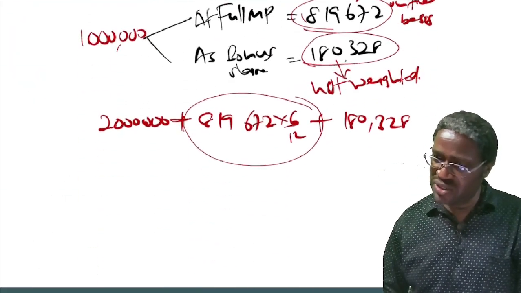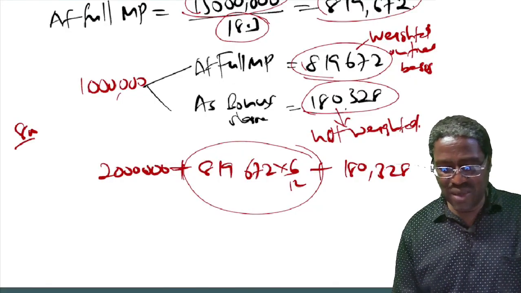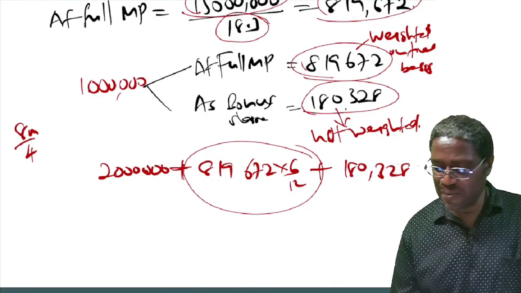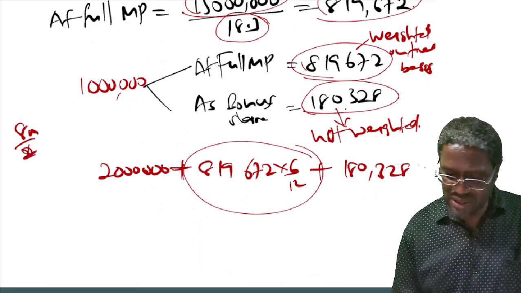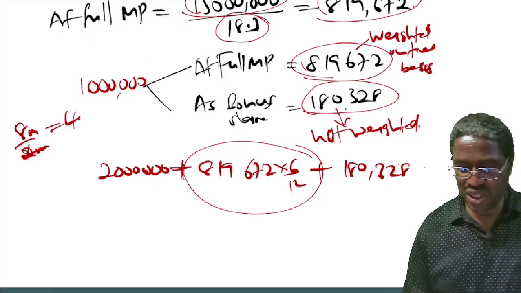Now the question is, yes, the earnings last year were 8 million. The number of shares last year was 2 million, which automatically means the EPS last year was 4 shillings.